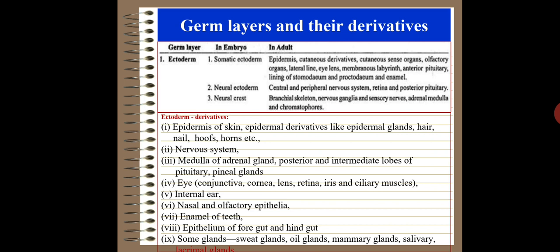So these are some of the derivatives from the somatic ectoderm of the ectoderm germinal layer.